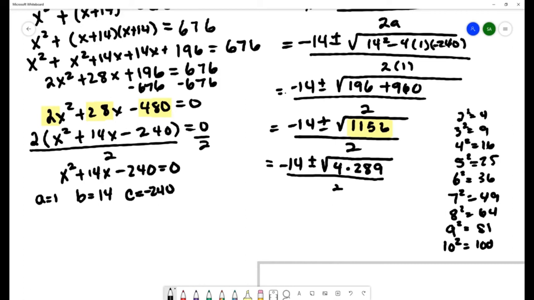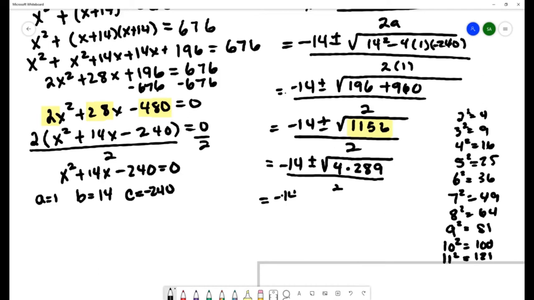I've tried all these numbers. Let me try one more. 11 squared would be 121. Okay, so that might be as much as I can factor it.